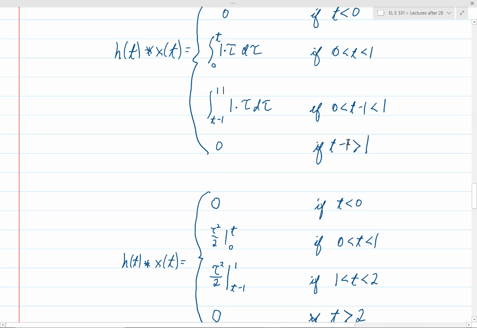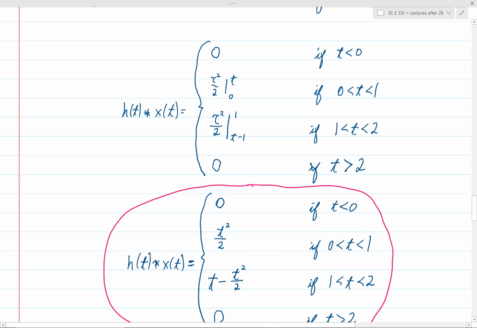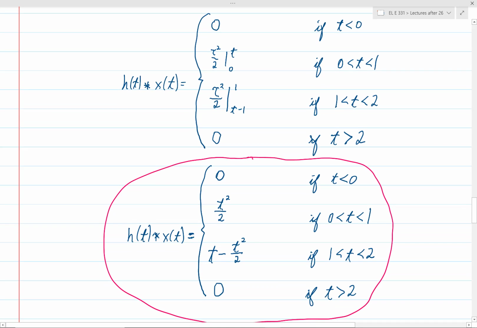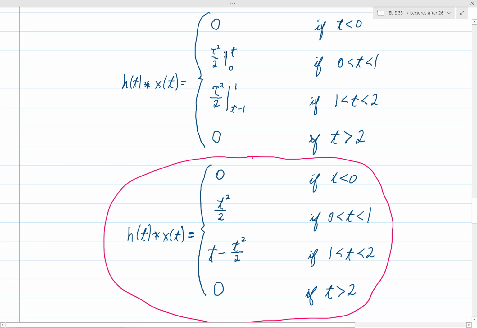And likewise here, I've added 1 to both sides, so it becomes t greater than 2. And so when I evaluate these terms that resulted from the integrals, I get this final expression for the convolution. So that's the answer that we obtain using the graphical technique for convolution.